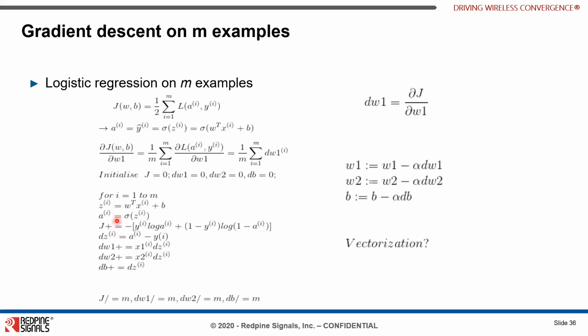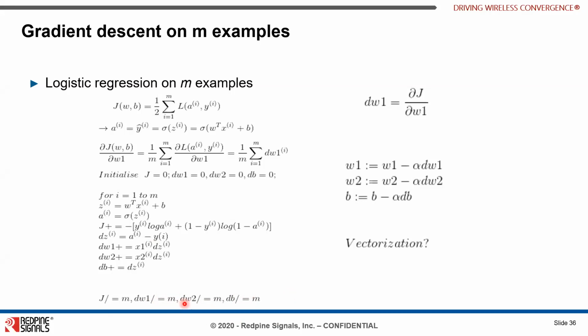After finding this with the complete package, we update the cost function by computing individual losses, and then we update the values of dw1 and dw2 with the formulas that we computed in the previous slide. Finally, we divide by m to take the average: dw1 equal to dw1 by m.